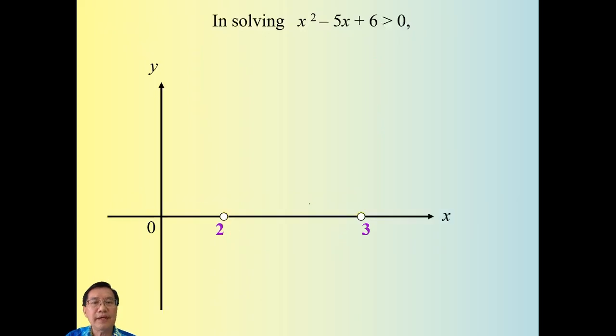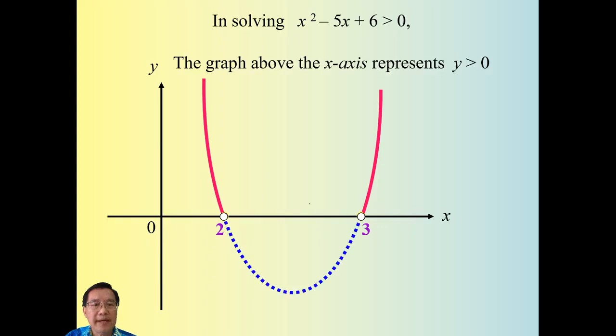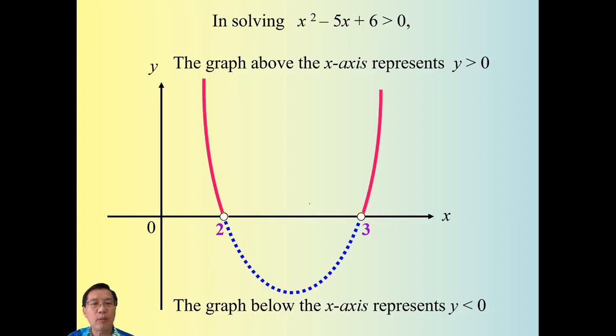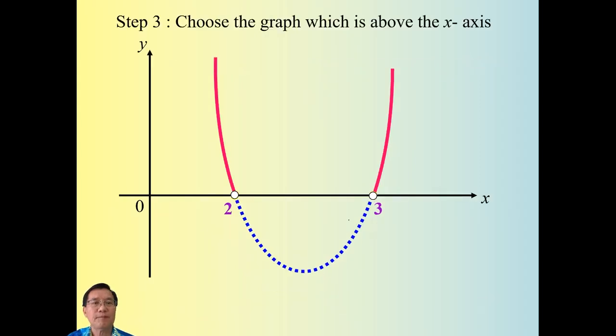In solving x squared minus 5x plus 6 greater than 0, we can solve it part by part. We notice that there are two parts of the graph which are above the x-axis, and one part which is below the x-axis. The graph above the x-axis represents y greater than 0, and the graph below the x-axis represents y less than 0.